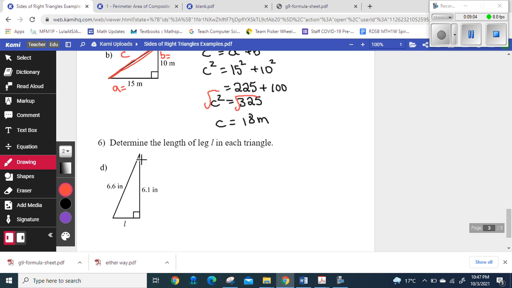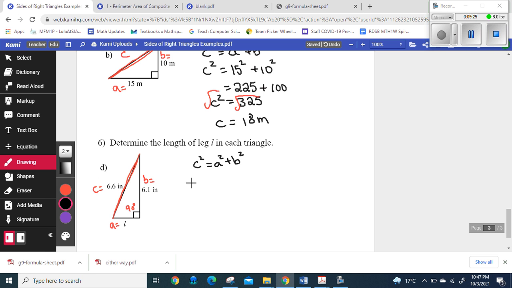So just like before, the longest side, which is across from the 90, that's our 90, that's going to be our C value. One of our legs is our A value, and one of our legs is our B value. We write out our equation, C squared equals A squared plus B squared. Pop in our numbers.